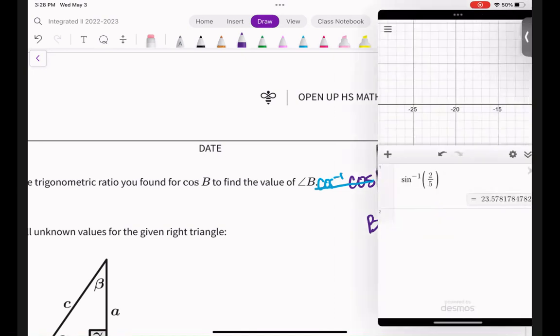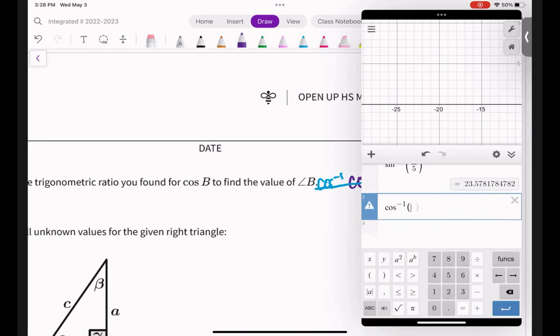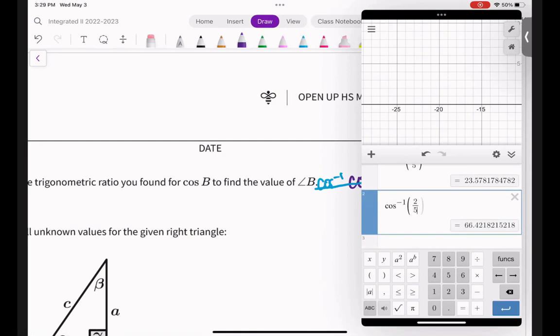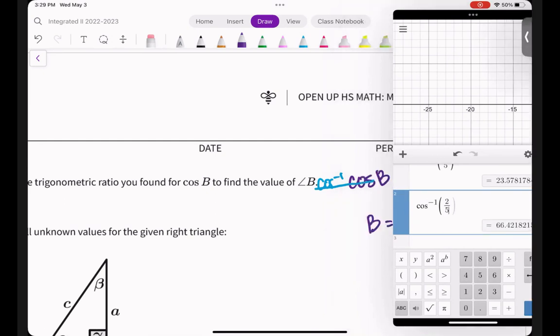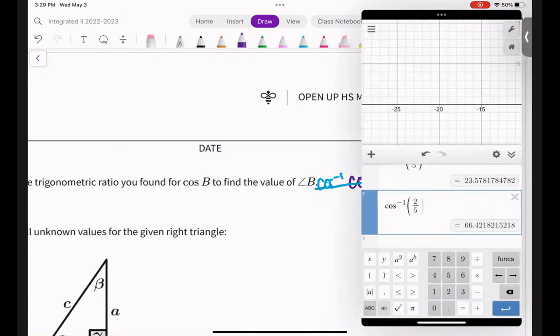And that's what we're going to plug in here. So cosine inverse is right there. 2 divided by 5, oops, not 25. 2 divided by 5 is 66.42. So B is about 66.42. Now I use about because it's not equal to, otherwise I'd have to grab all these decimals and the rest of them that the calculator didn't even show.